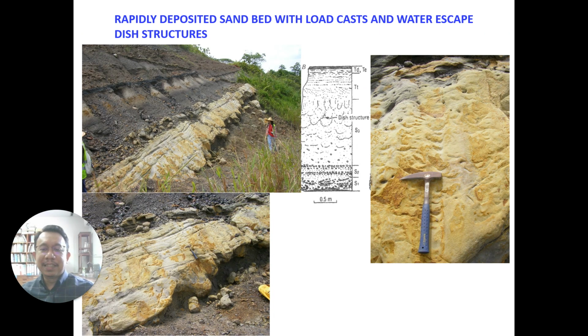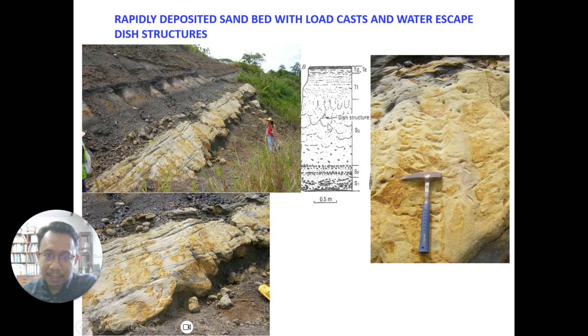Just another example from Bintulu in Sarawak. I have a sandstone bed here, and when I zoom in, I can see marks along the base of the bed, and these are load casts with flame structures in between. When I zoom in inside the bed, I see a lot of convolute lamination, and also these dish-shaped structures.